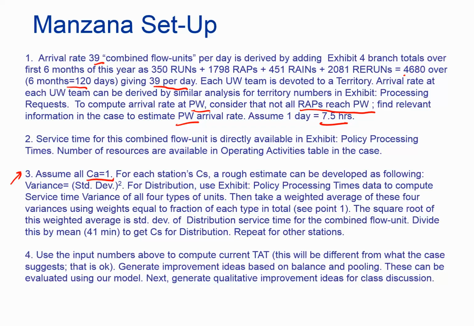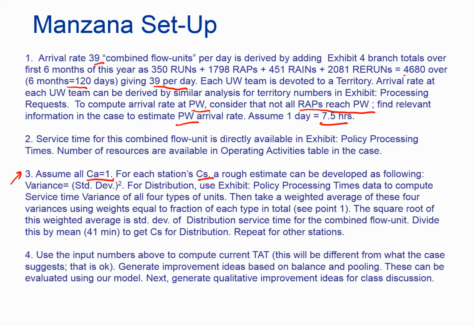There is more data in the case about the coefficient of variation of service time, which measures the variability in the service time. The exhibit policy processing times not just gives the average service times, but also gives standard deviations of service time. So the request is that please read the case to identify what the standard deviation numbers are.